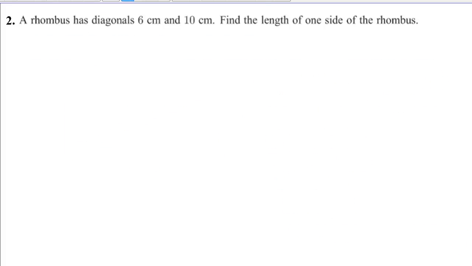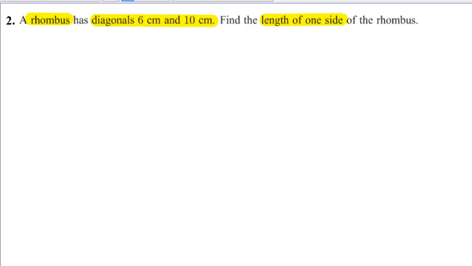Number 2, a rhombus has diagonals 6 centimeters and 10 centimeters. Now remember, these are diagonals and it's a rhombus, and they're asking us to find the length of one side.